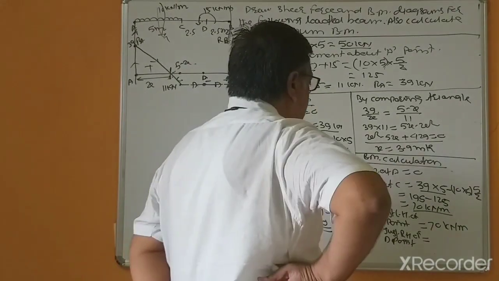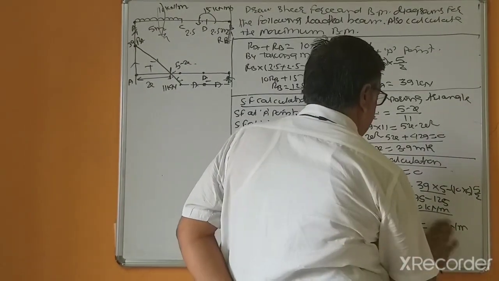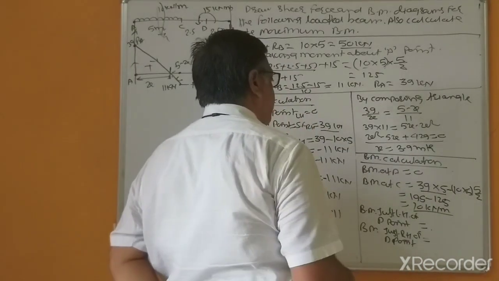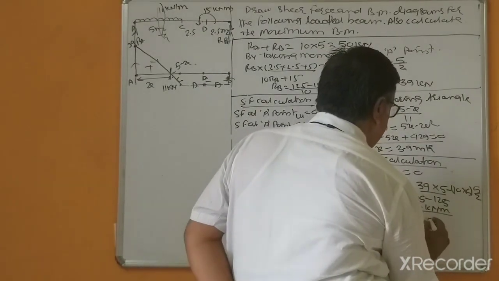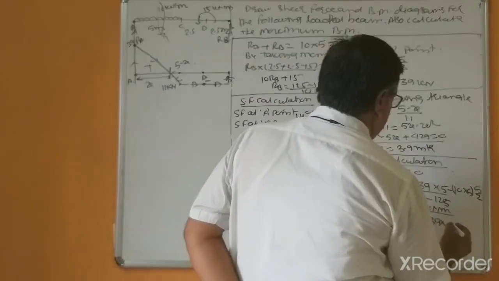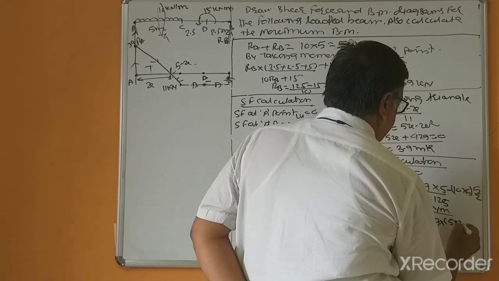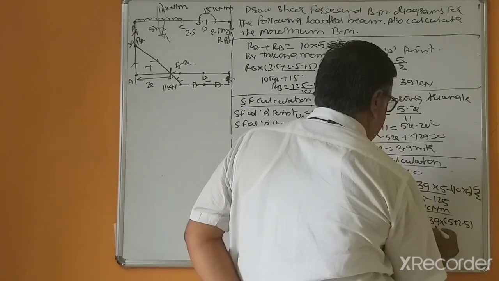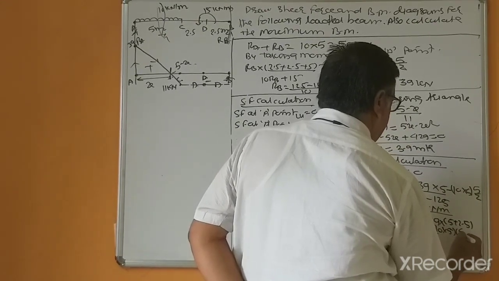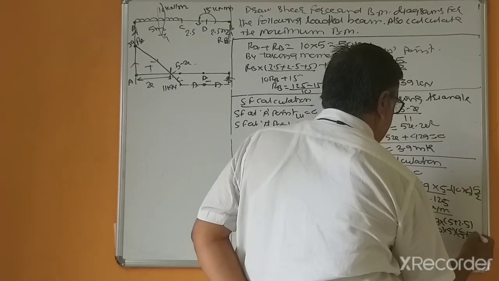Because here the distance increases, 39 into 5 plus 2.5, and this is minus 10 into 5, anti-clockwise, multiplied by half of the distance plus 2.5.